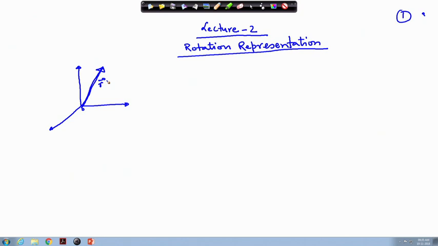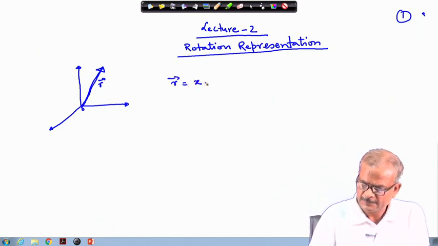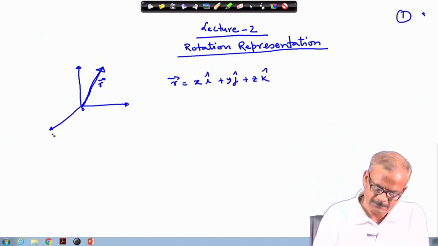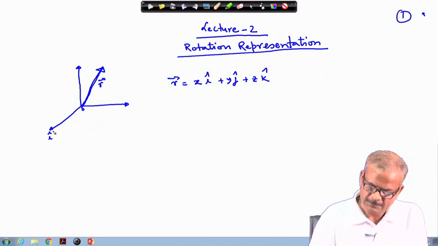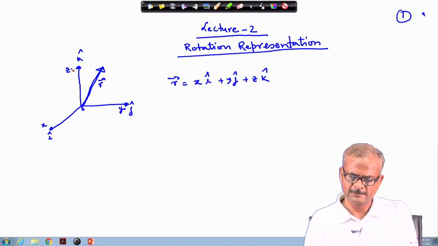So, we can see that this vector is composed of three components: x i cap, y j cap and z k cap, where i cap is the unit vector along the x direction, and similarly the other ones along y and z directions.